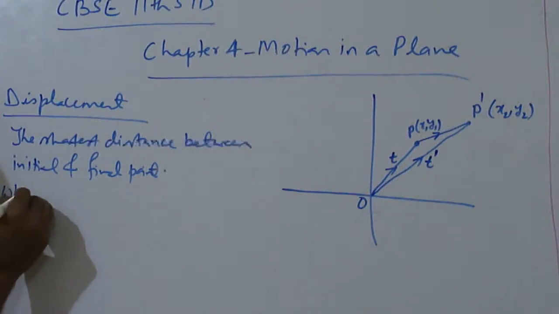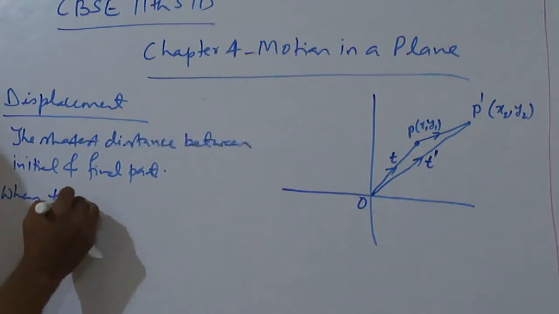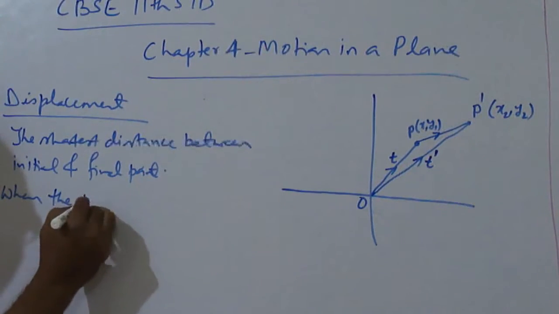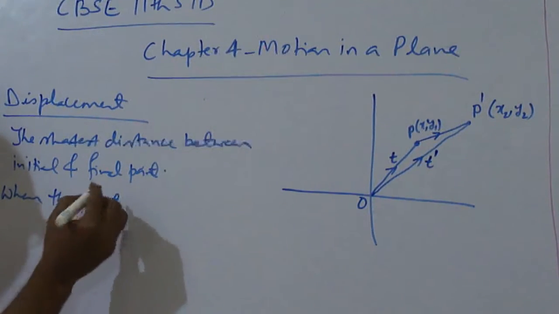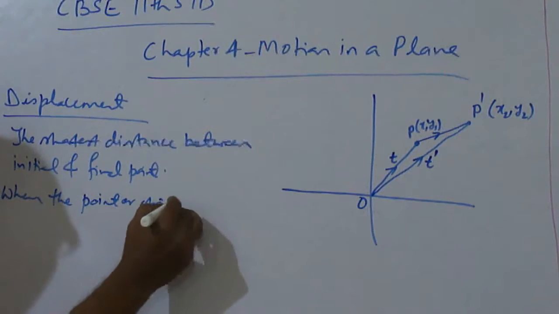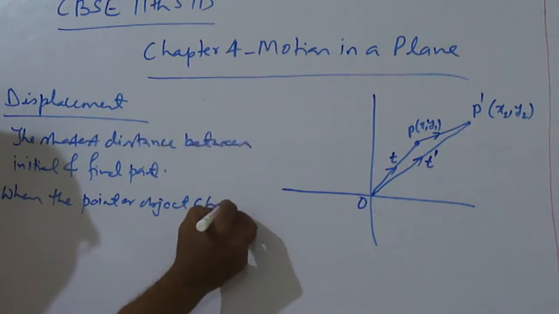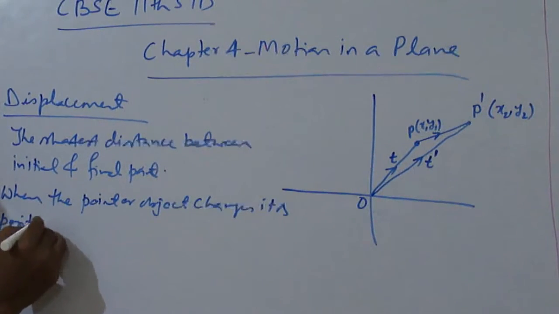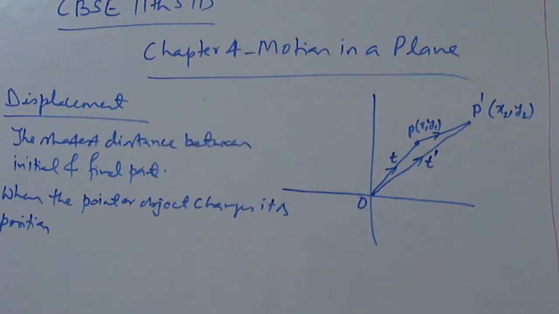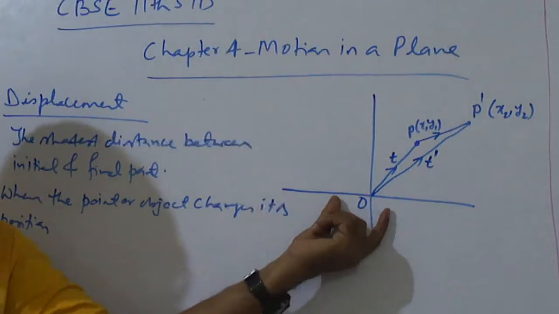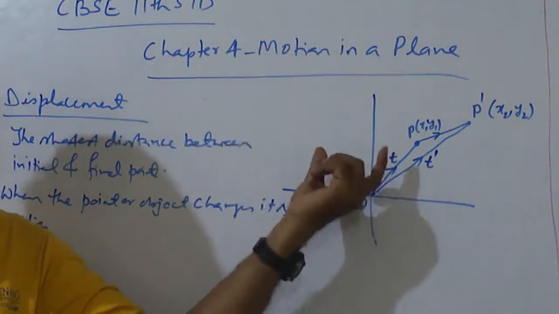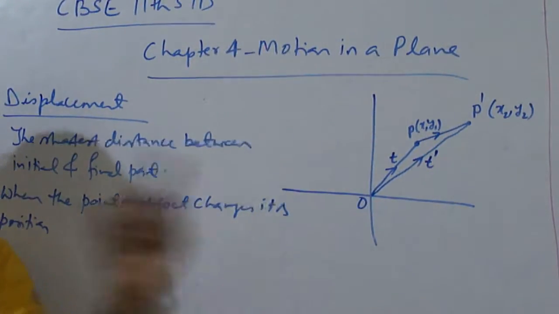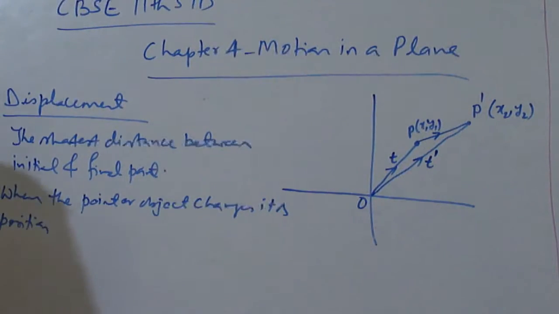So when the point or position changes its position with reference to something, there should be some reference. Here we are putting the origin or x-axis, y-axis. With reference to origin, 100% a reference should be there.